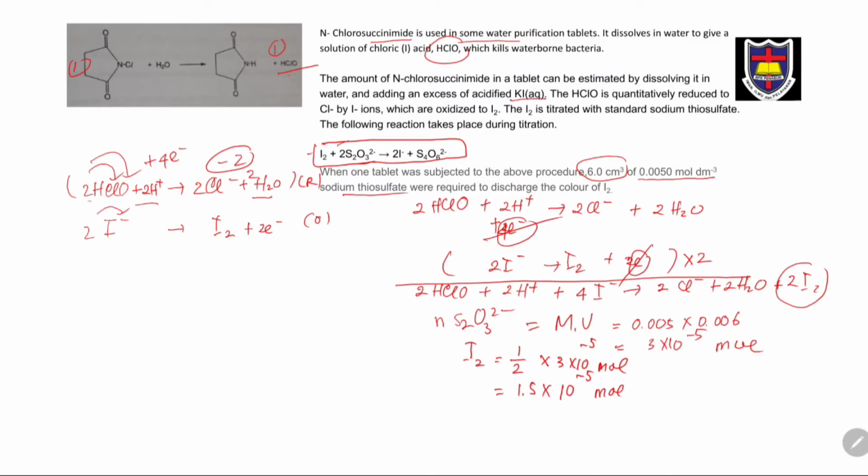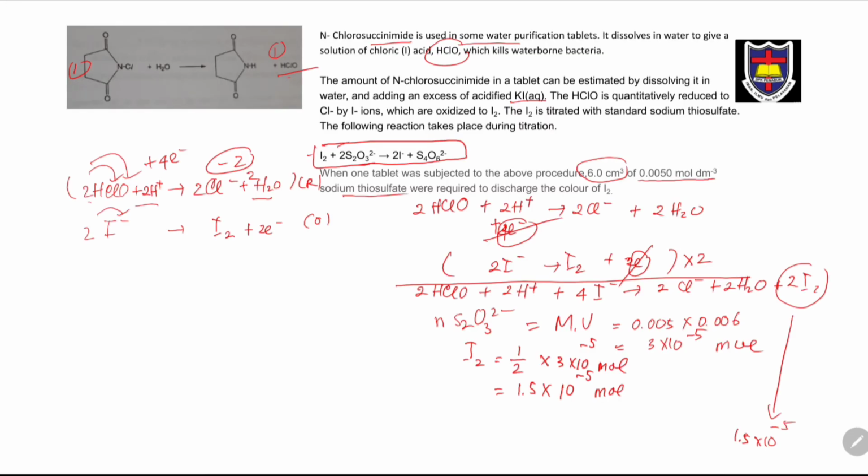This is the I2. Then we move to here. The focus is HClO. HClO in ratio 2 to 2, so 1 to 1. So the number of moles of HClO is the same, 1.5 times 10 to the power of minus 5.